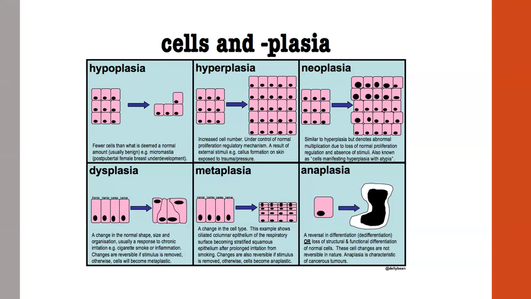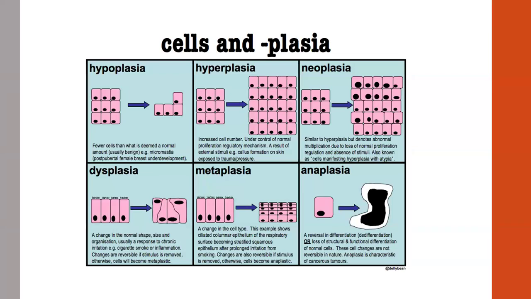Dysplasia is a change in the shape, size, or organization of cells, deranged cell growth. The cells are starting to get bad, but they're not too bad yet. Metaplasia is a change in the cell type. And anaplasia is where they de-differentiate.